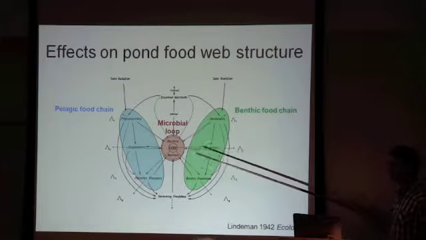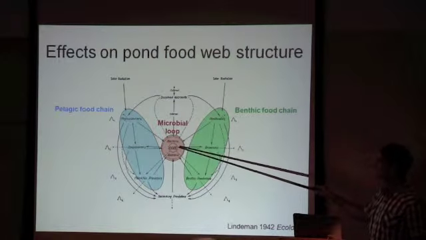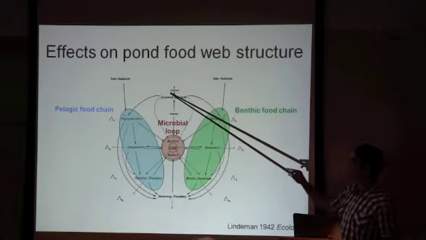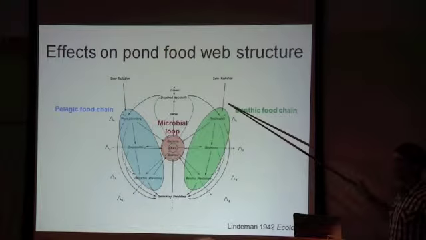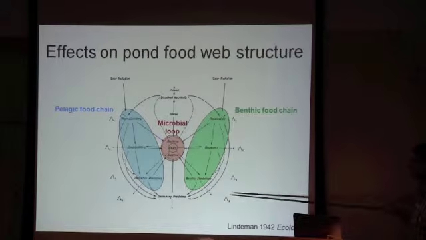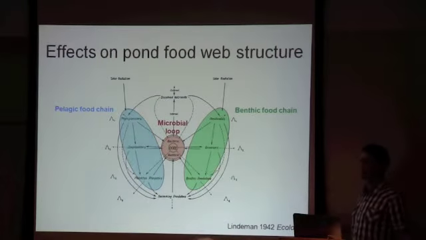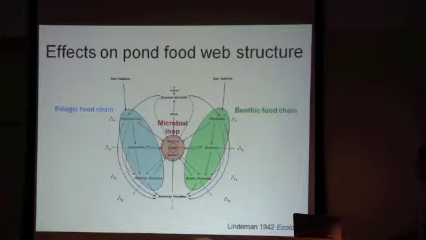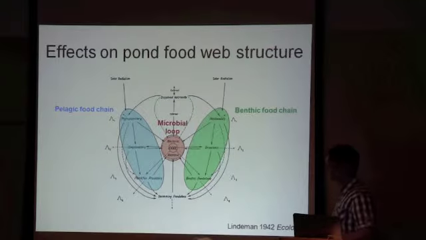And the great insight of Lindemann was that he recognized that these bacteria are recycling dissolved nutrients, which then sustain production of these primary producers in both of these food webs. So recognizing the central role of bacteria in aquatic food webs was Lindemann's main contribution.